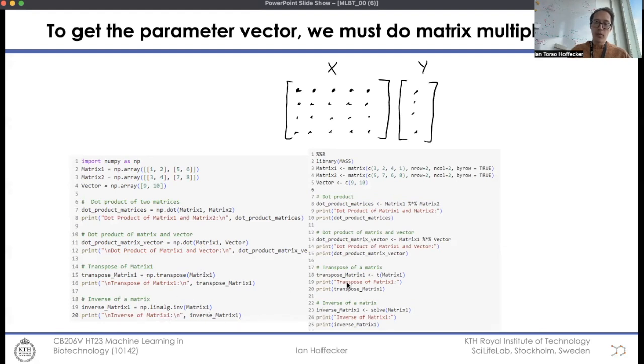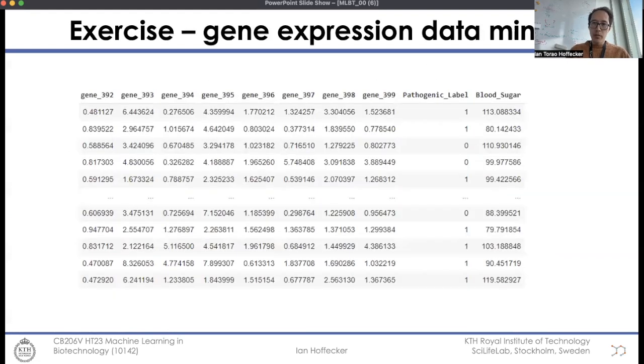We have this for both here. In Python, this is going to be utilizing the NumPy numerical Python library, and in R here, we're going to be utilizing the MASS library. So this is going to be useful for us completing our exercise.